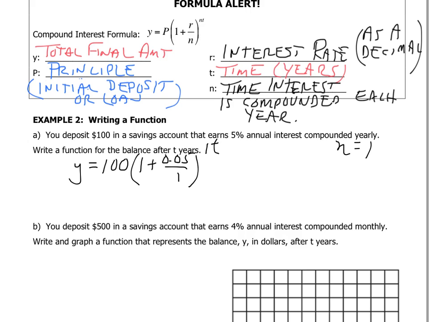Now, obviously, when I'm compounding yearly, this looks very much like the exponential growth model from the previous one, because dividing by the 1 on the inside and multiplying by the 1 times the t isn't going to change anything. So really, we put those in there just to see where they go, but in reality, 0.05 divided by 1 is still 0.05. 1 plus 0.05 is 1.05, and then 1 times t is just t.